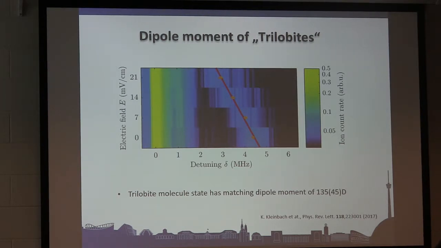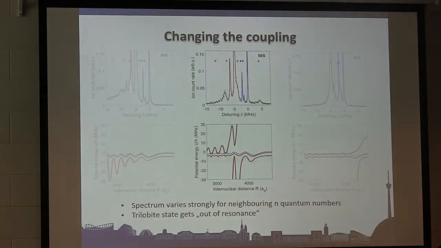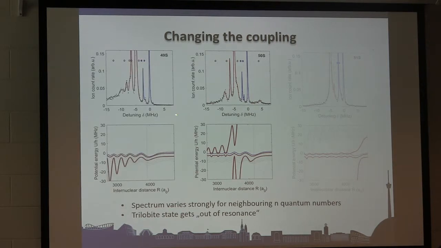And yeah, so to give you an idea of how crucial it is that this coupling is resonant between the nuclear spin and the orbital angular momentum, we also took spectra for the neighboring quantum numbers. So for 49, the Trilobite is actually passing way up here, like at +60 or so. And so there's no crossing between the S-type molecule and the Trilobite molecule, so it only pushes the potential a bit down.